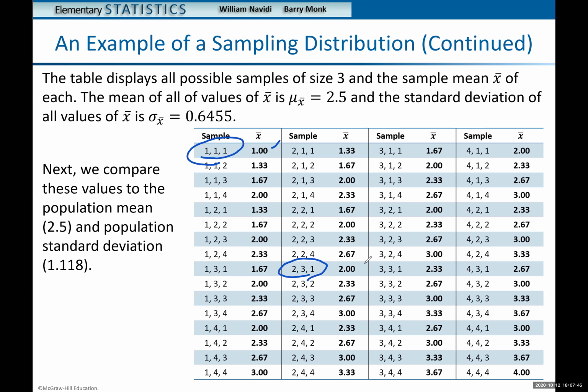If you add these and divide by 3, you will get the mean of 2.0. Or let's say 4, 3, 1: 4 plus 3 plus 1 divided by 3, the mean is 2.67. So all of these means are possibilities, and computing the mean of all the means is a lot.